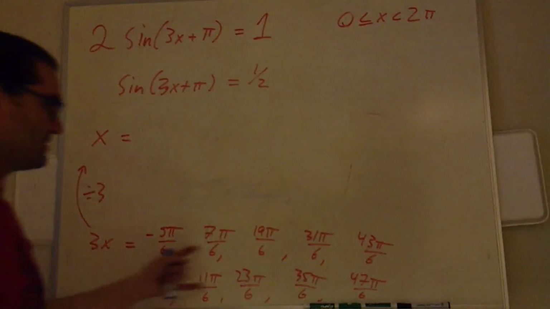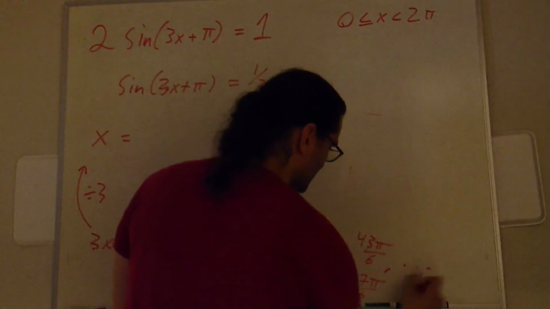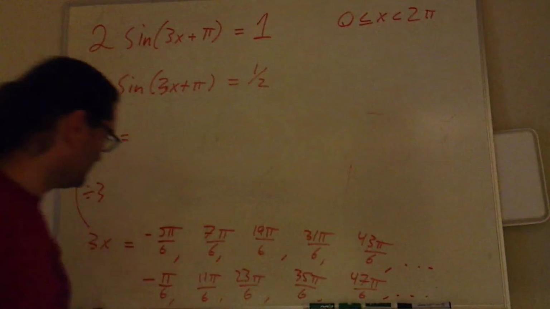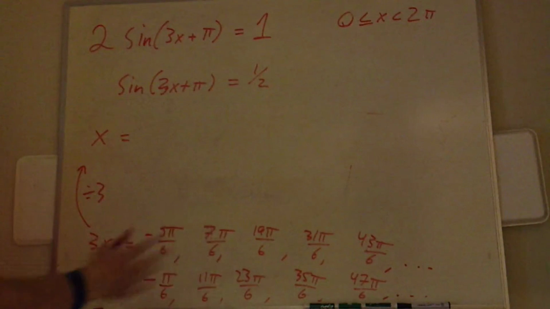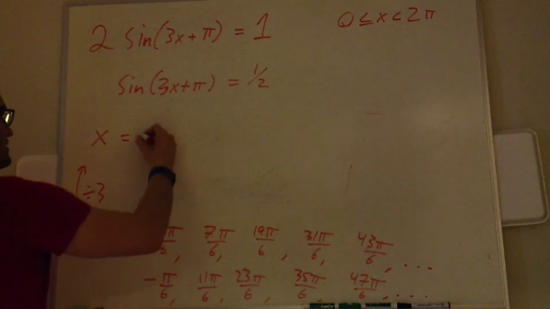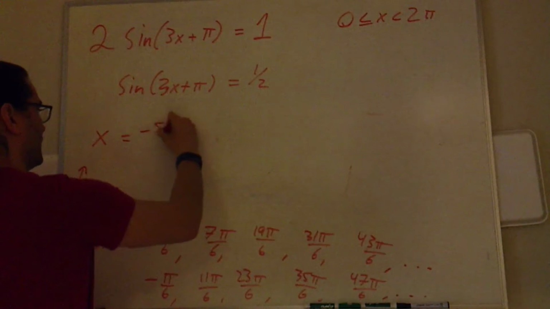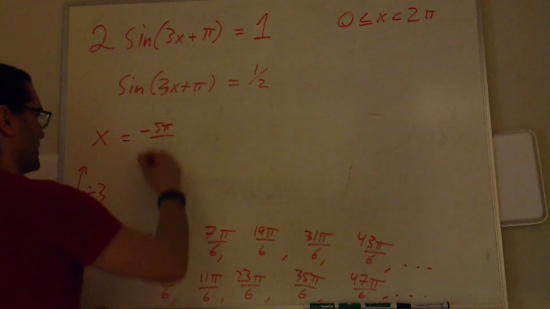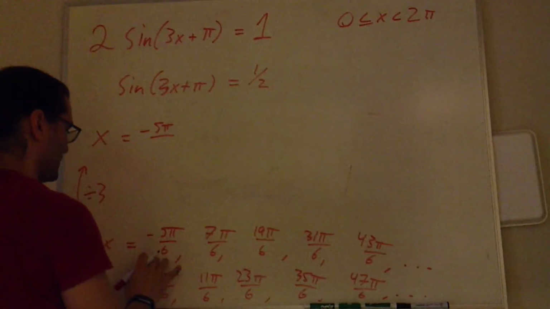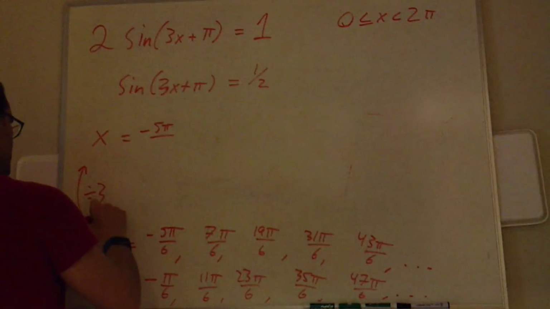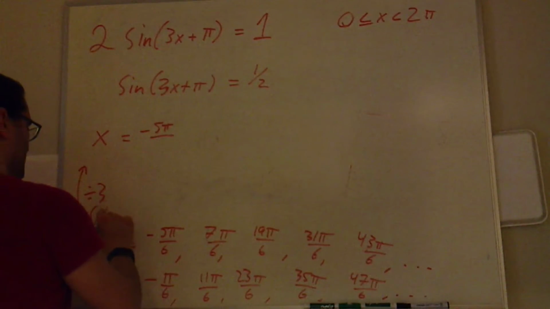If you divide these infinitely long lists by 3, you get new infinitely long lists with different numbers in them. So dividing this by 3 is the same as multiplying the denominators by 3. It's the same as times 1/3.